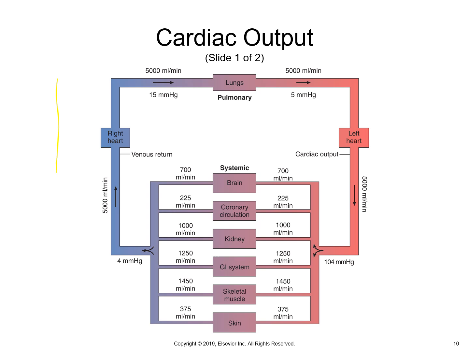So in terms of blood distribution to the organs, in milliliters per minute, the brain receives 700 milliliters per minute. The heart, or the coronary circulation, receives about 225 milliliters per minute. Our kidneys receive 1,000 milliliters per minute, and that's important for filtering the blood.